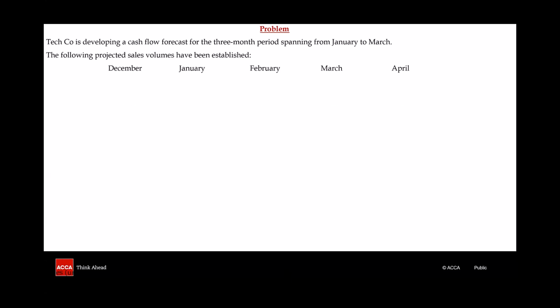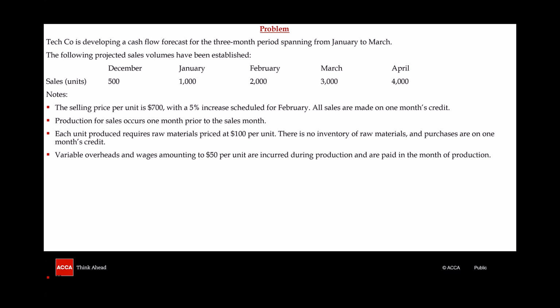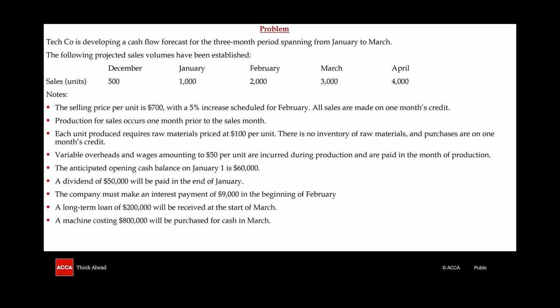Here we are with a tech company problem on cash flow forecast, requiring us to calculate the cash flow forecast from Jan to March. This question contains the sales units. The notes include details on selling price, raw material price, variable overheads, opening cash balance, dividend, interest payments, long-term loans, machine purchase, and finally the requirement is to calculate the cash balance at the end of each month during the 3-month period.